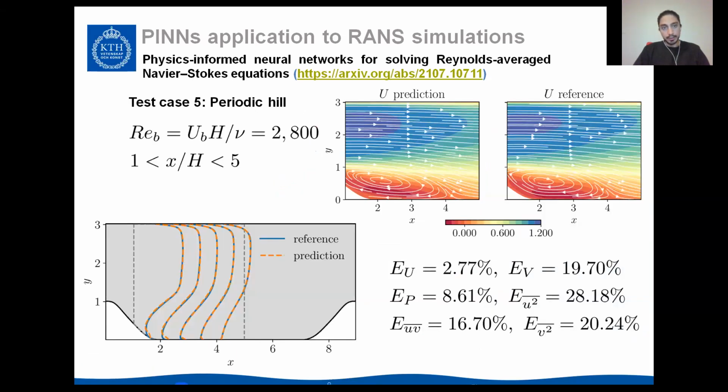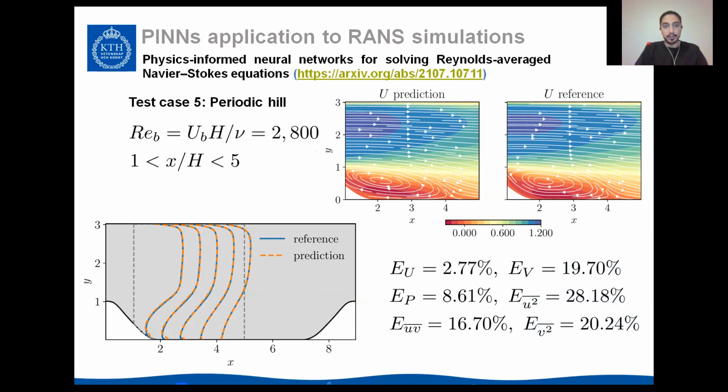And for the last test case, we solved the flow over the periodic hill, which is an interesting test case for turbulence modeling development. We chose this domain from 1 to 5, based on the x non-dimensionalized with the height of the crest.